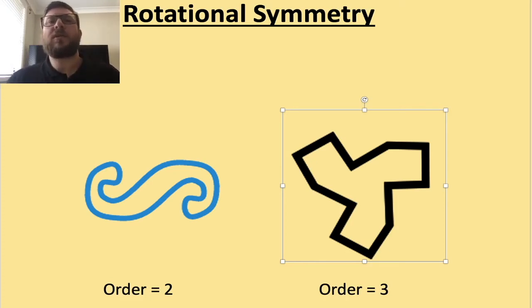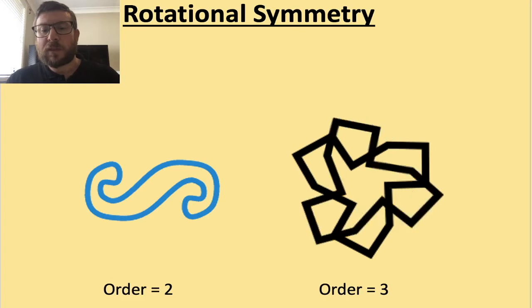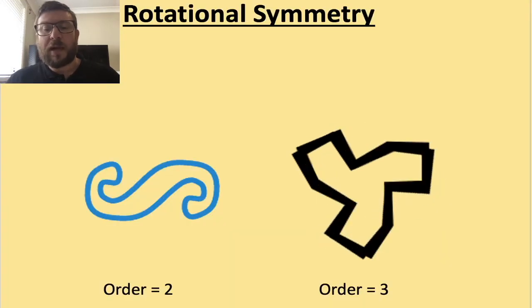Now, at the bottom, we've got that this is a three-order shape. So how many times do we think that we might overlap this shape when we rotate it 360 degrees? Well, let's have a look. Let's start. So we're rotating it around, watching to see an overlap, watching to see an overlap, watching to see an overlap. Whoop, there's one overlap.